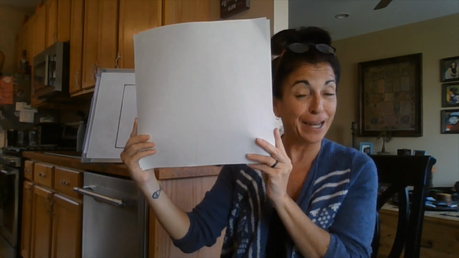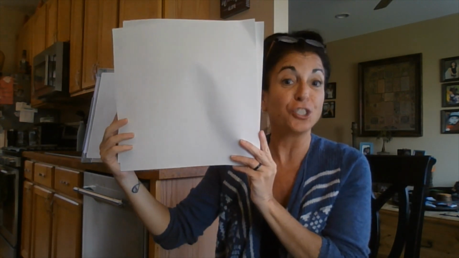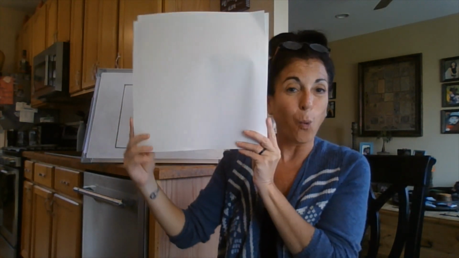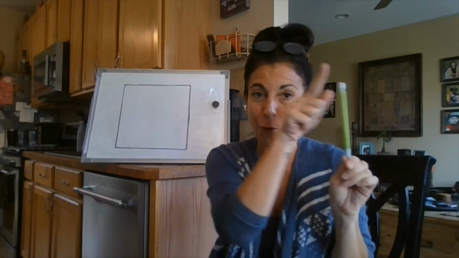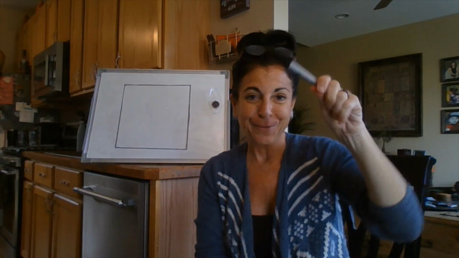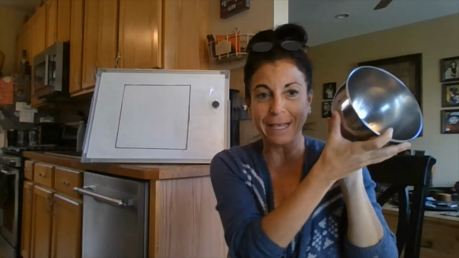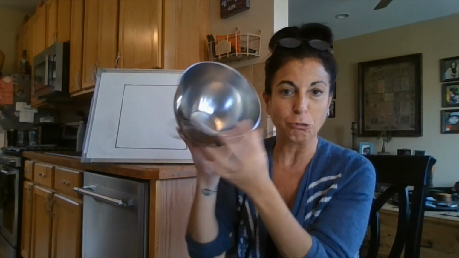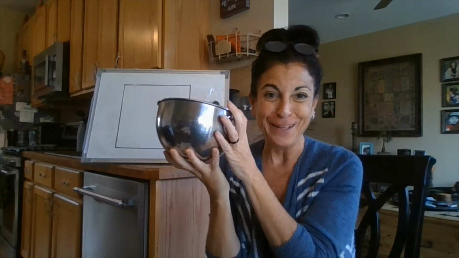If you have that, you'll need that today. Otherwise, you will need a square white piece of paper. You will need a pencil with an eraser, a black marker, and something to make a circle with. So I chose a metal ball. Why don't you go pause the camera and go get your supplies.